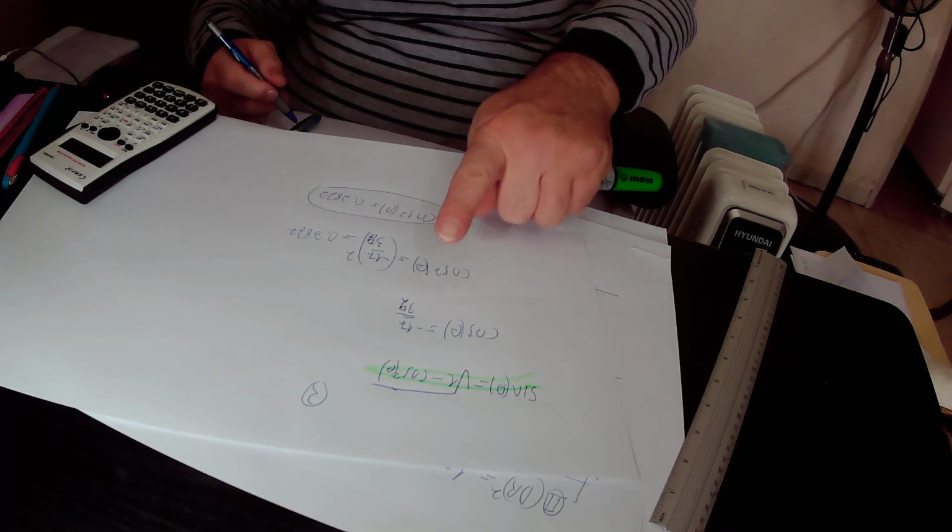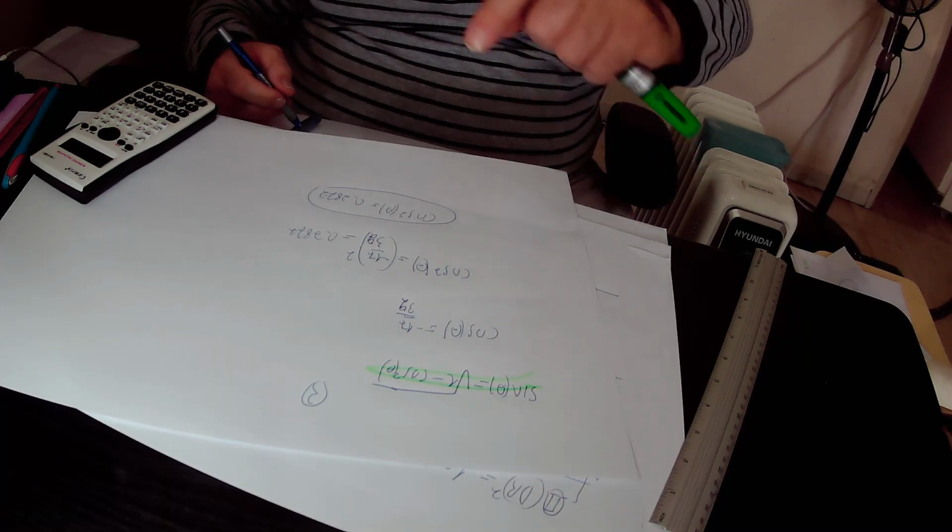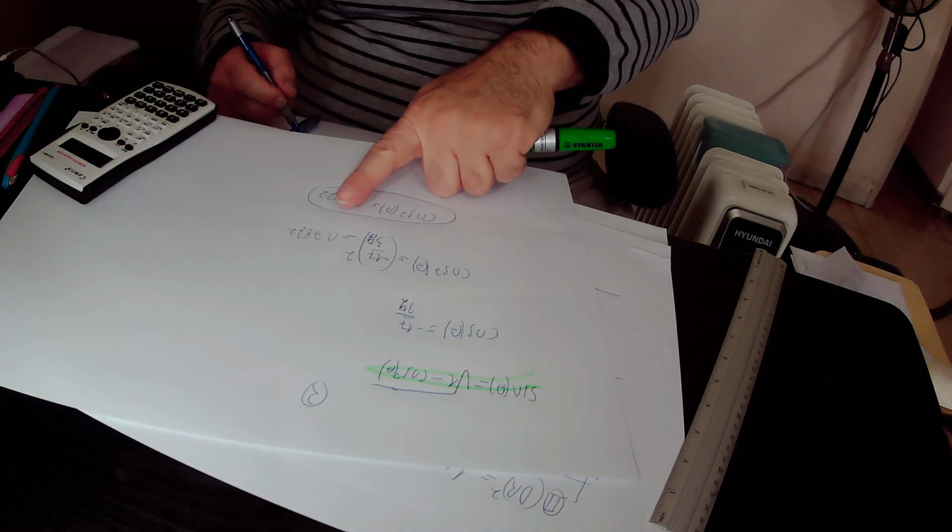Therefore, we can substitute cosine squared theta in this trigonometric identity by 0.2822.